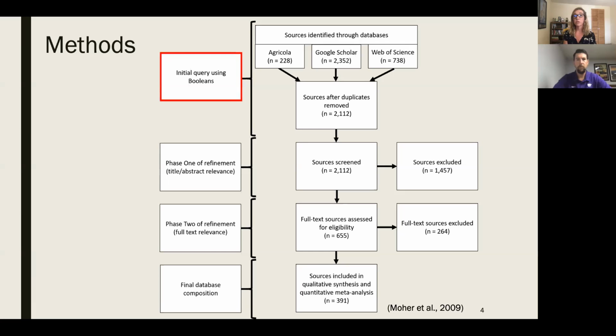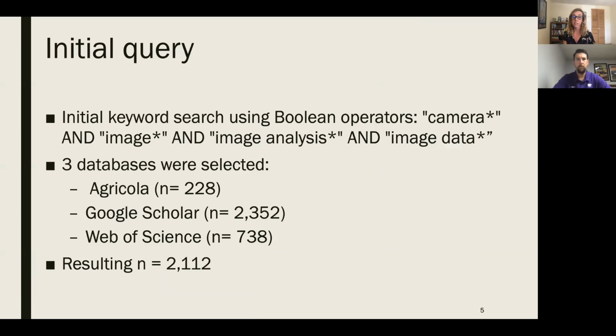So we began with an initial query using Booleans, and the phrases that we used were camera, image analysis, and image data. We also had 15 other keywords that we used to hone in on selective pieces, such as Amazon Rekognition as an analysis approach. We also used the words park and recreation for our focus on ECSS.